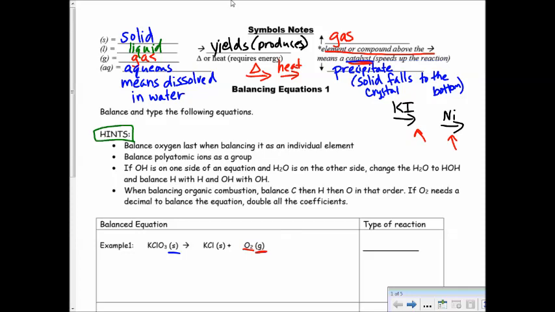So, I'm not going to list these out individually, but I will be working through all of these hints when I do the example problems. So if you can't remember some of the steps, you can always refer back to the hints there. Now, looking at example 1.